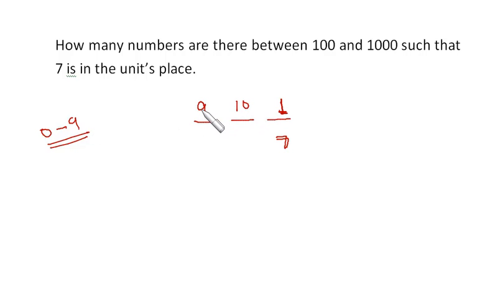So for the first place I have 9 choices, and for the second place I have 10 choices, and for the third place I have just one choice, right? That is number 7 can come. So in all, 9 into 10, 90 numbers will be like this when 7 is at the units place. Clear?